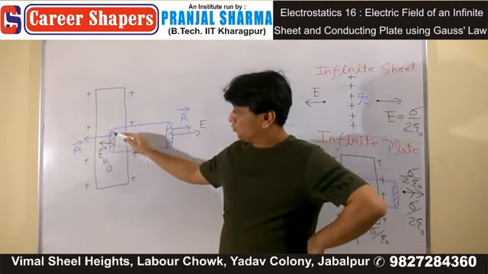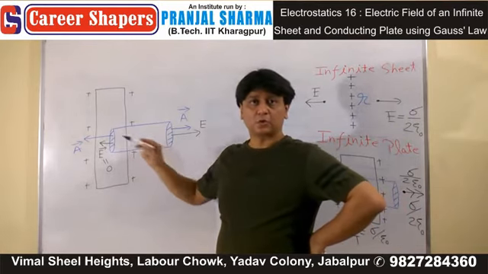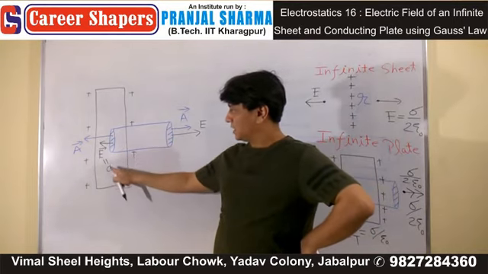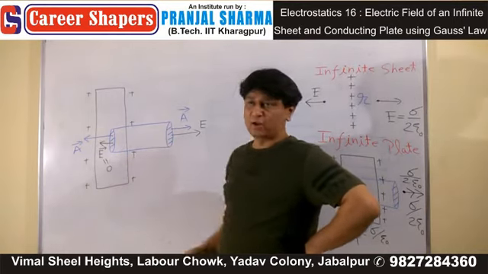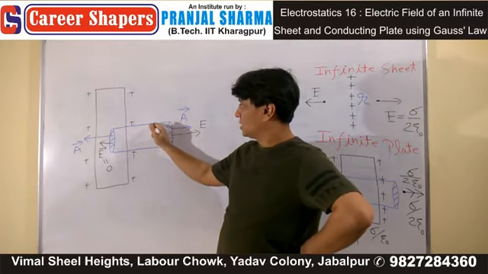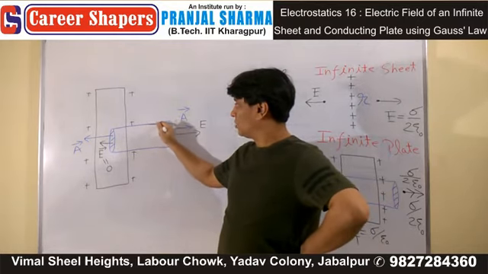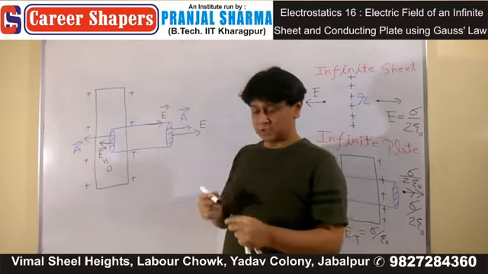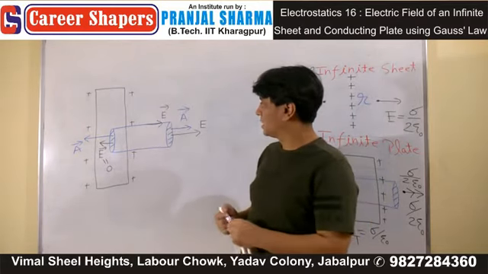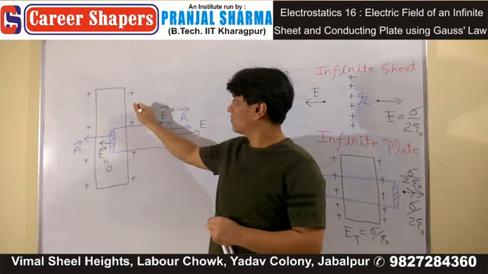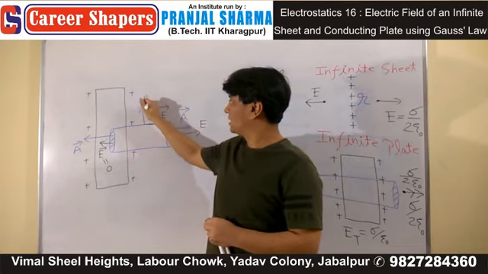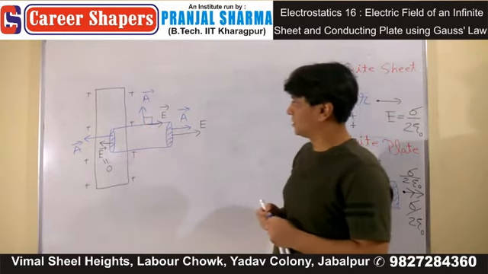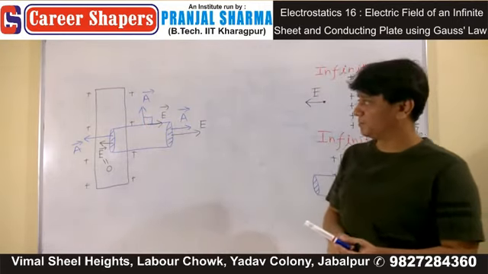This flat surface which lies inside the conductor has no electric field. Curved portion, electric field is present. Angle with area vector is 90. This is the setup.